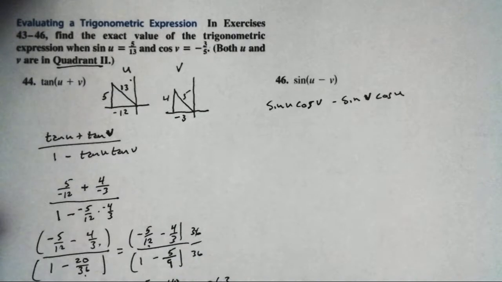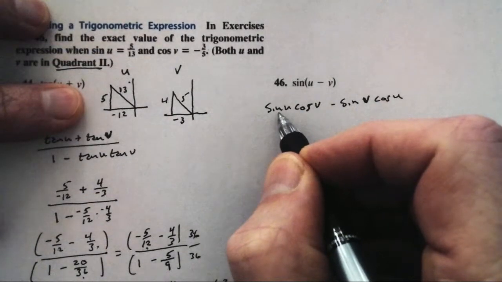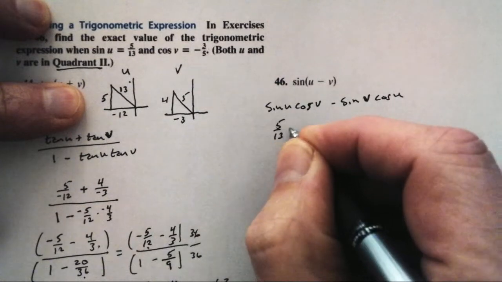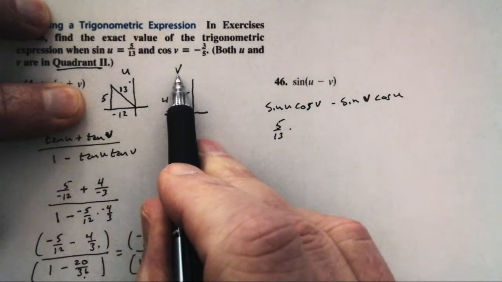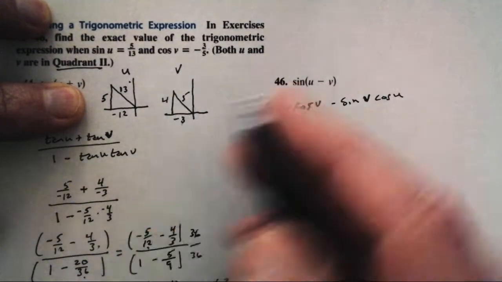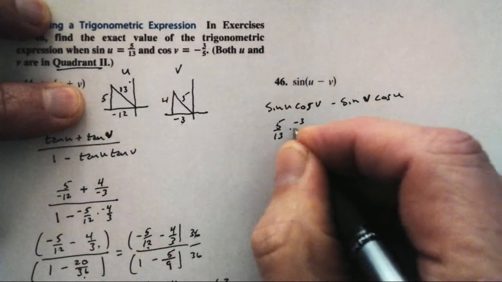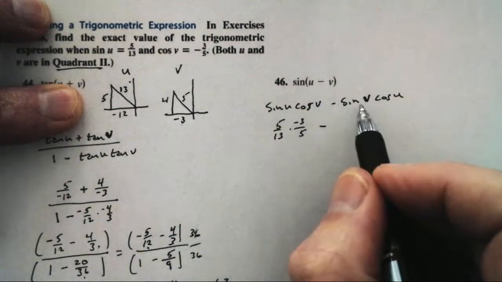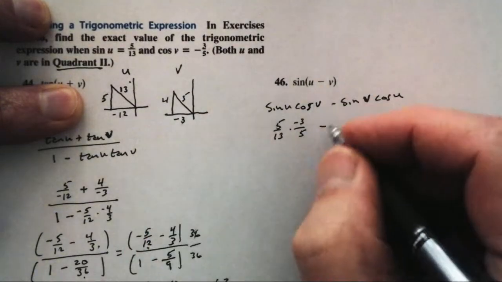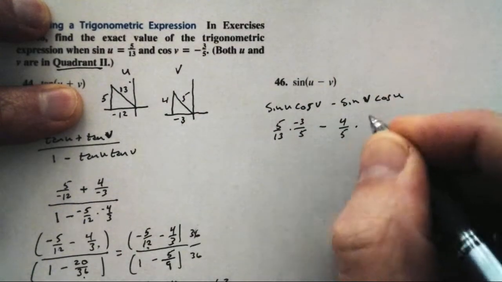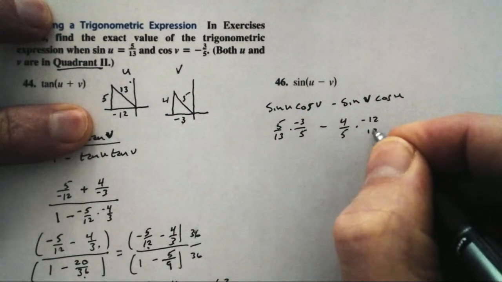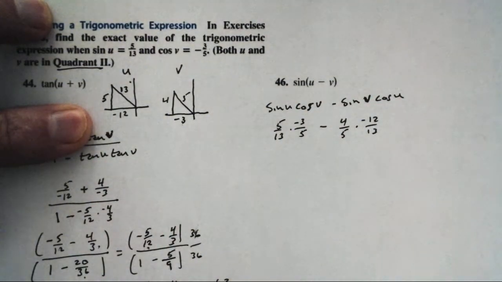Same results. So sine of u, y on r, 5/13. Cosine v, x on r, negative 3/5. Minus sine of v, 4/5, times cosine u, negative 12/13.